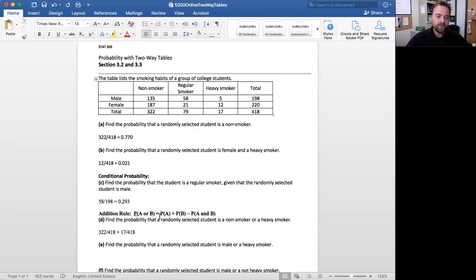Nobody's in both. So I don't have to subtract off anything, or I can think of that as minus 0. And then I just do the calculation. So I'm doing 322 plus 17, so it's 339, divided by 418, common denominator.